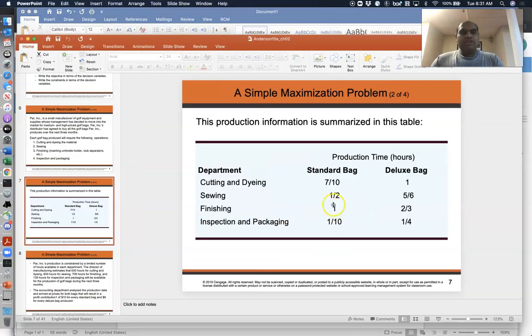Okay, so for finishing, it is 1 hour for the standard bag and 2/3 of an hour for the deluxe bag. So it looks like it takes longer to finish a standard bag. Again, you can always convert this into minutes if you want.